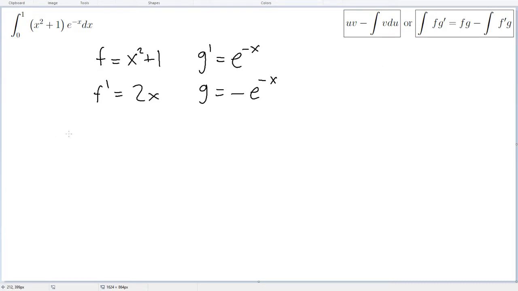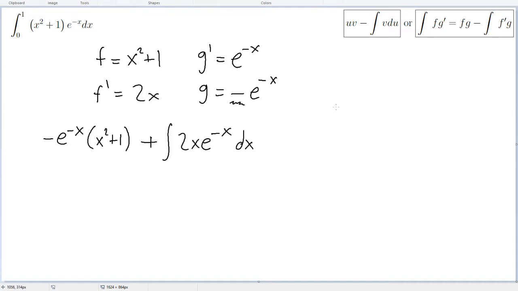You should get negative e to the power of negative x times x squared plus 1, minus, because this negative here will make it positive, so let me rewrite it this way, we should get 2x e to the negative x, just like that. Okay.